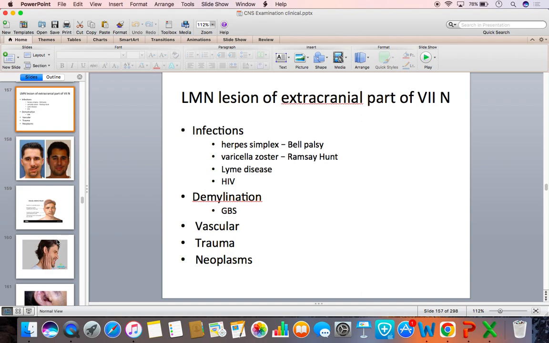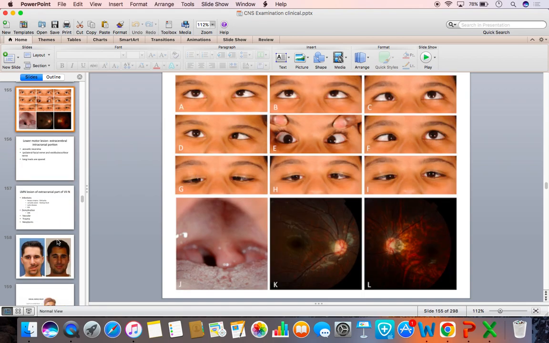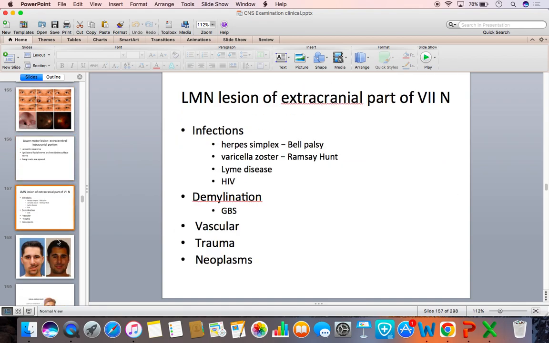This segment of the facial nerve could be injured by infections like herpes simplex, resulting in Bell's palsy, or affected by the varicella zoster virus, resulting in Ramsay Hunt syndrome, or Lyme disease, or due to demyelination, or vascular injury, or trauma, or neoplasms.